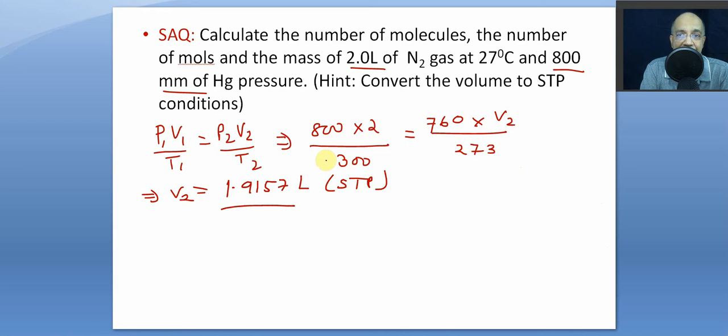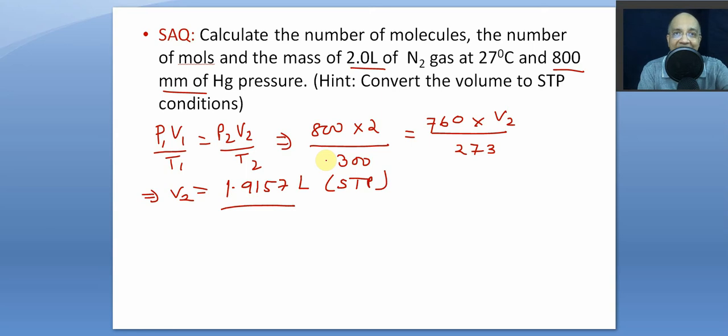So immediately your job is to convert the volume to STP before you handle any problem on mole concept, right? But when volume is asked in non-STP conditions, then you convert from STP to non-STP conditions. Here the volume data is given. Remember, when the volume data is given in non-standard conditions, your first job is to convert it to standard conditions.